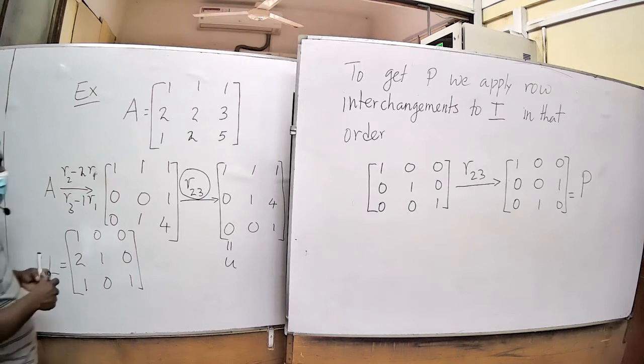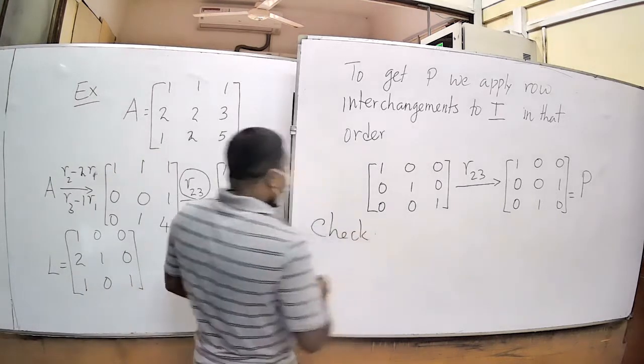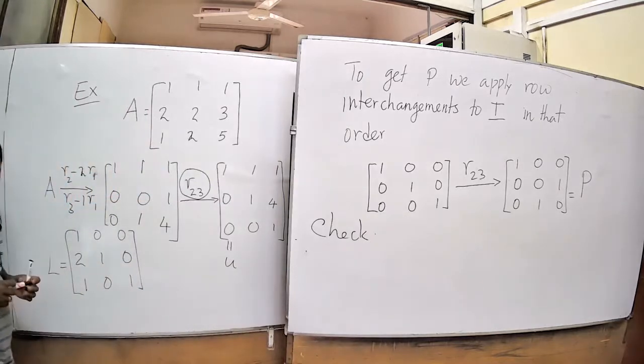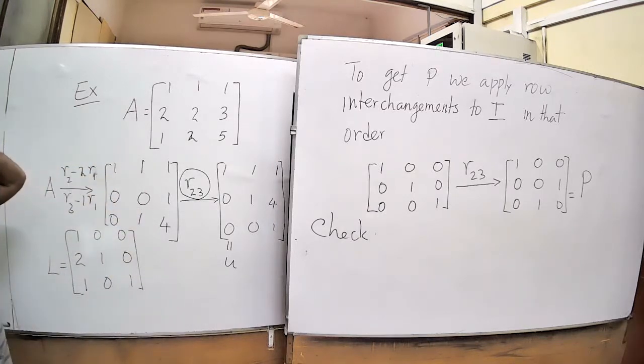Okay, so double check the work and see whether this works or not. But that is how you get P when you apply PA is equal to LU. So that is how you apply the method, right, so that's PA is equal to LU.